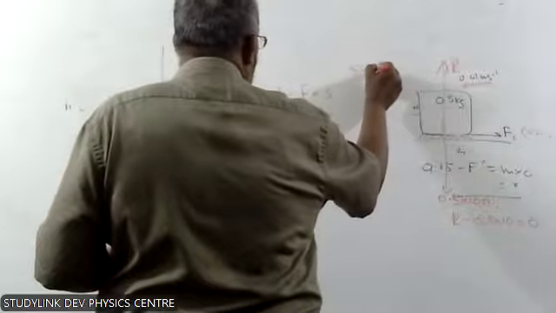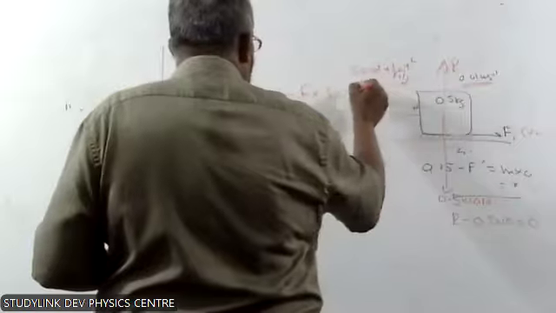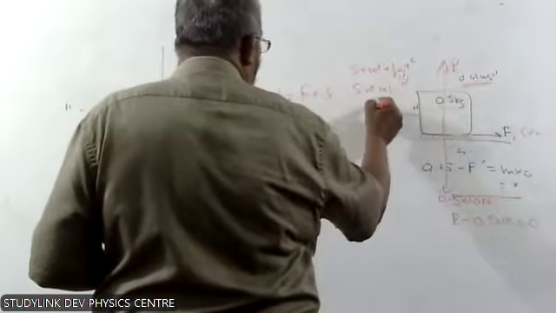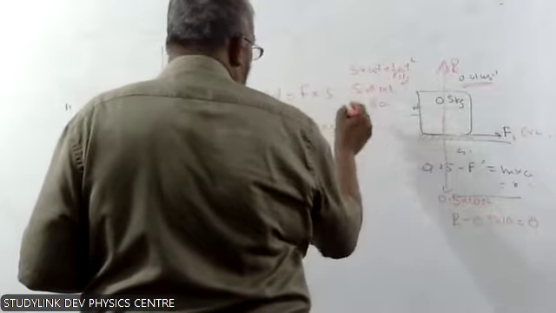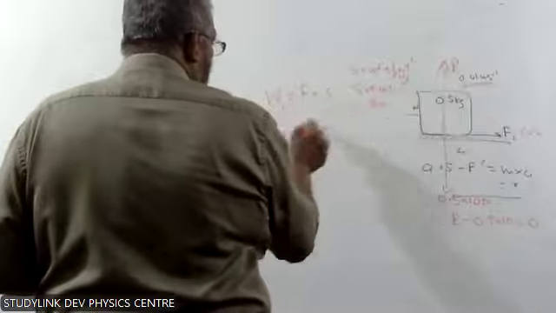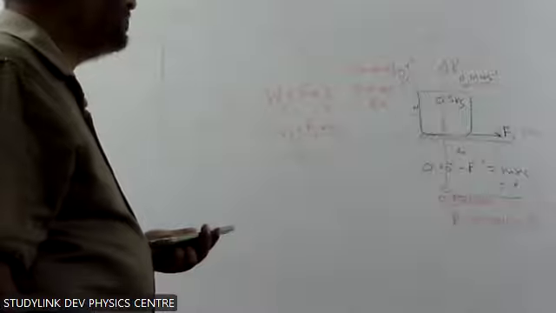S is equal to ut plus half a t squared, a is 0. So S is equal to u, 0.1, into t, t is 1. That is S is 0.1. Substitute 0.1, 0.1, F's are known, get W1 and W2 and get the difference.